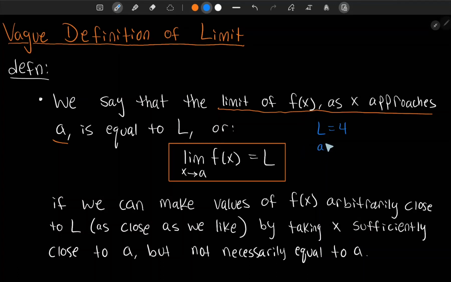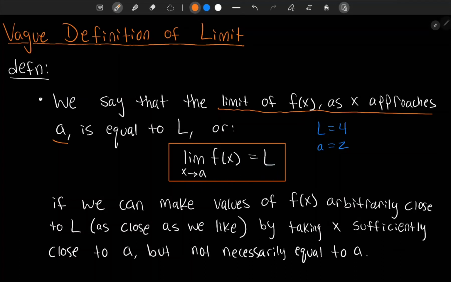So before, we saw that a was equal to 2. And what we found was that when we got x very, very close to 2, f of x was very close to 4. So vaguely, the limit of f of x as x went to a was 4.